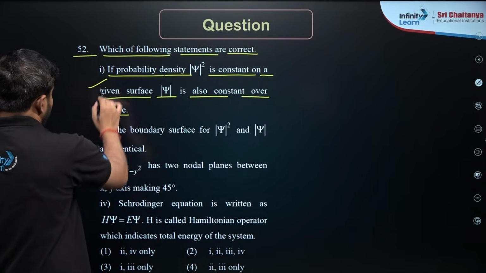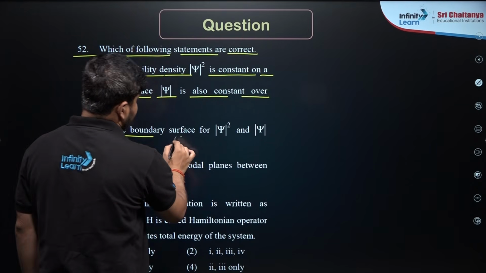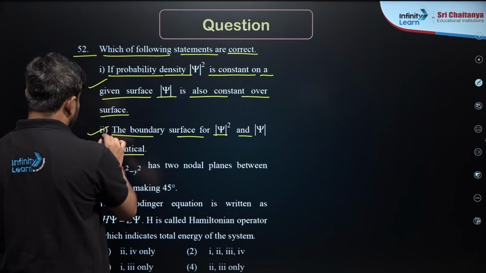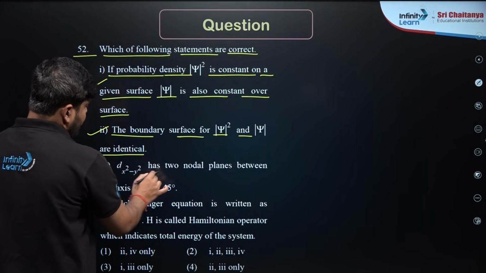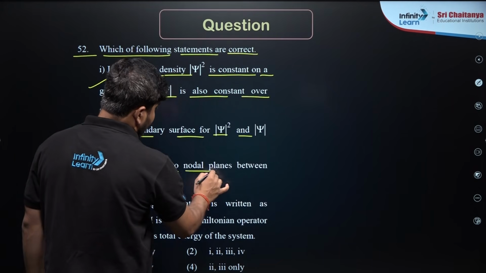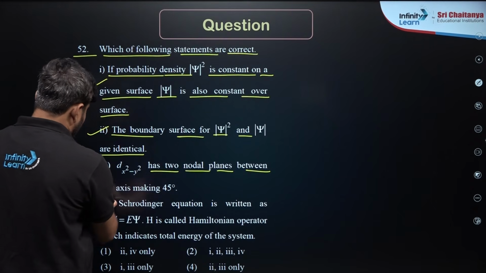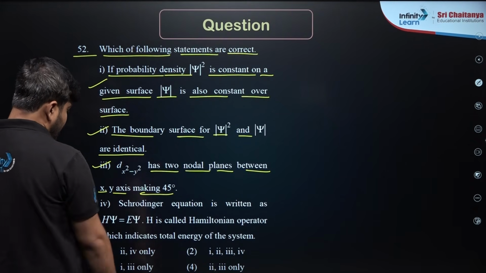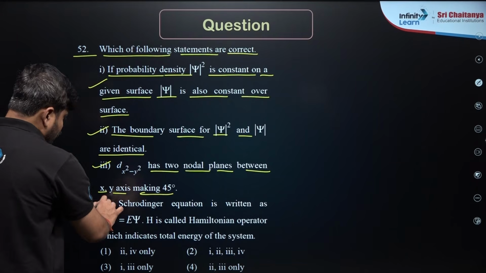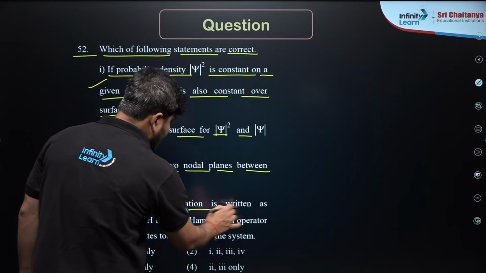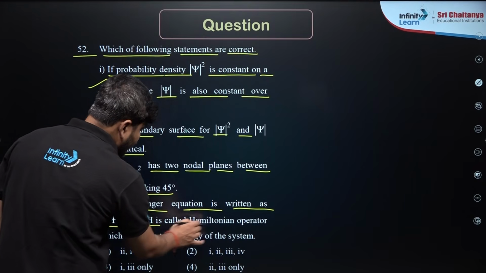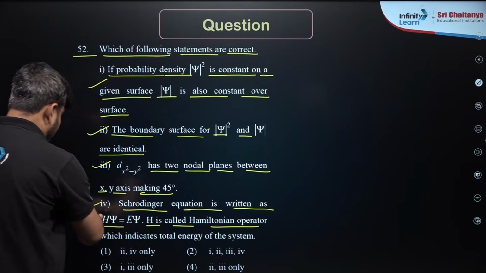this is okay. And the second one, the boundary surface for psi square and psi are identical, this is also okay. Dx square minus y square has two nodal planes between the x and y axes making 45 degrees, this is also okay. And the fourth one, the Schrodinger equation is written as H psi equal to E psi, H is called the Hamiltonian operator, okay, this is also correct only.